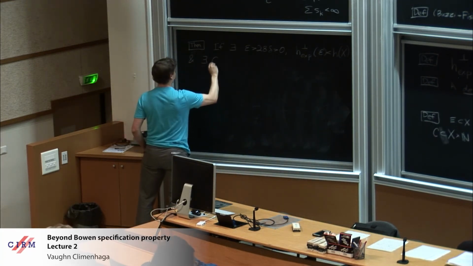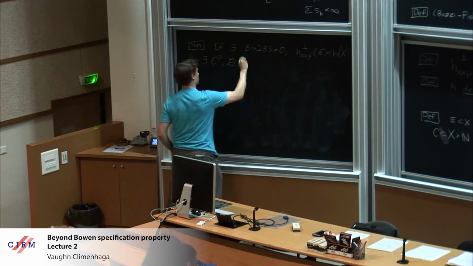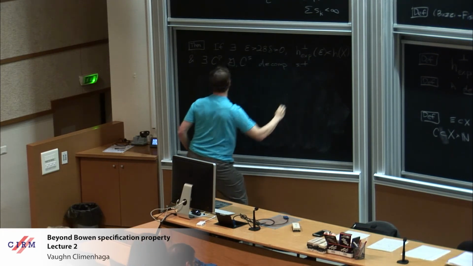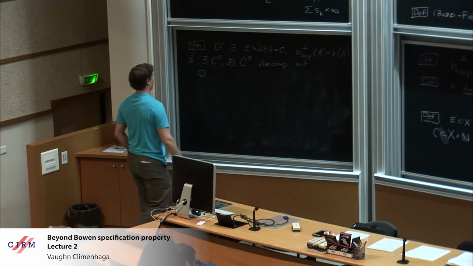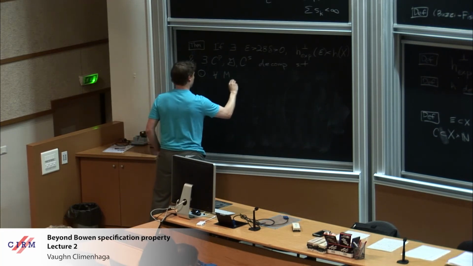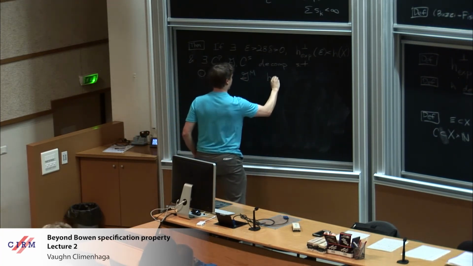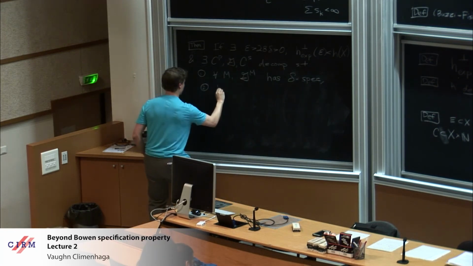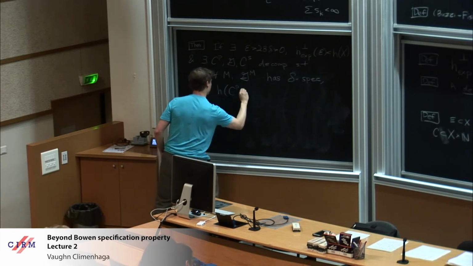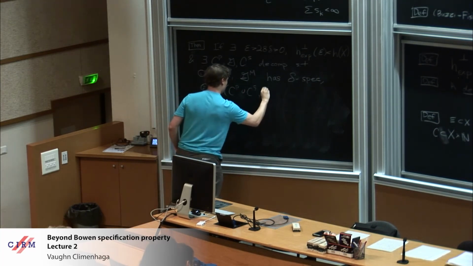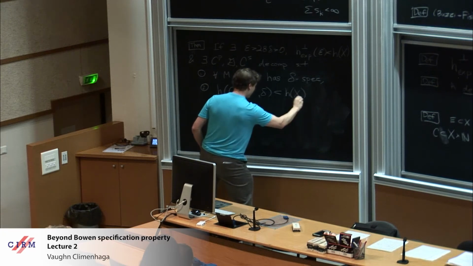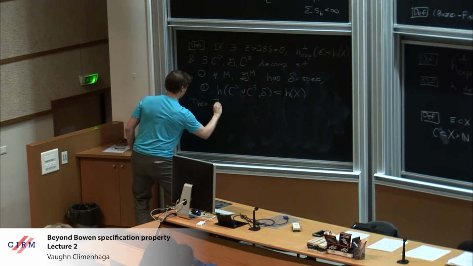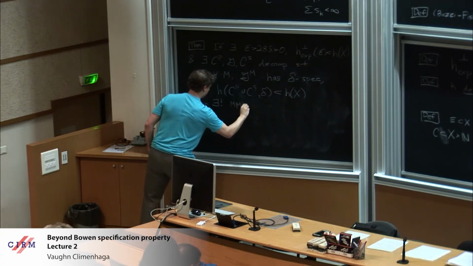And suppose that there exists a decomposition such that for every m, G_m has specification at scale delta. And the entropy of the obstructions is less than the topological entropy at that same scale. Then there exists a unique measure of maximal entropy.